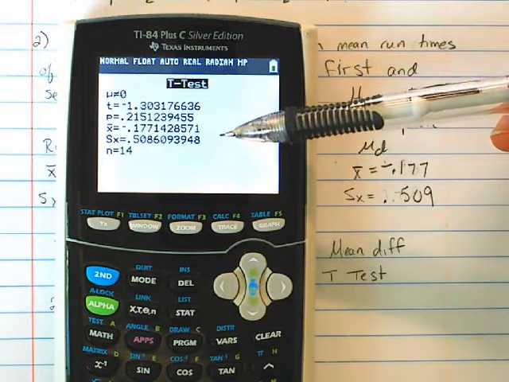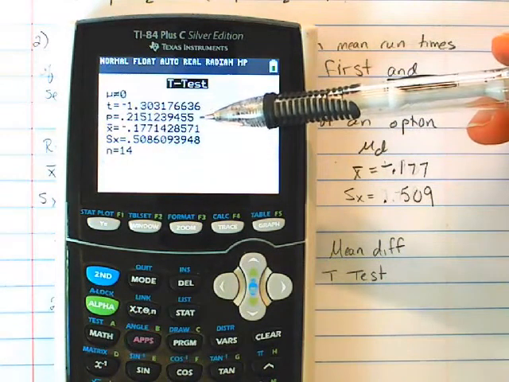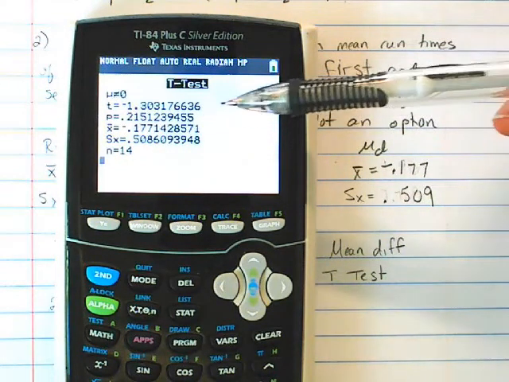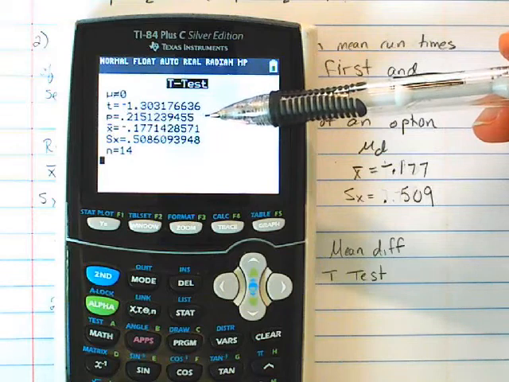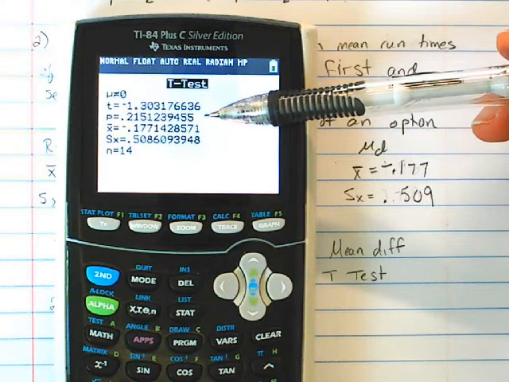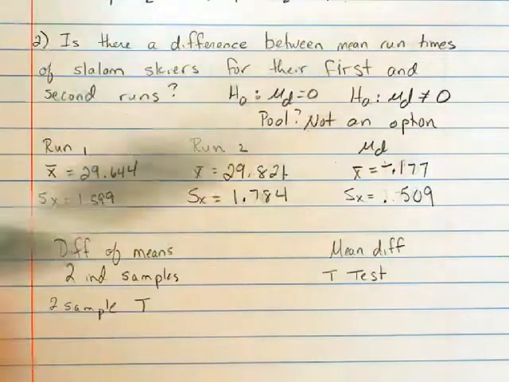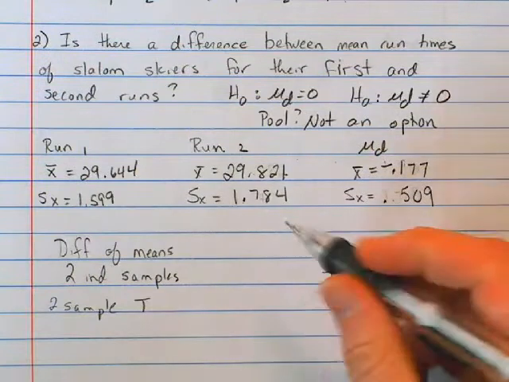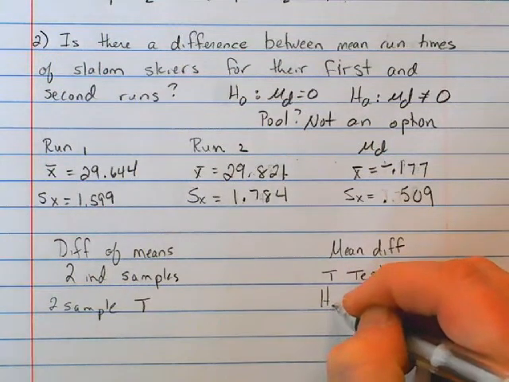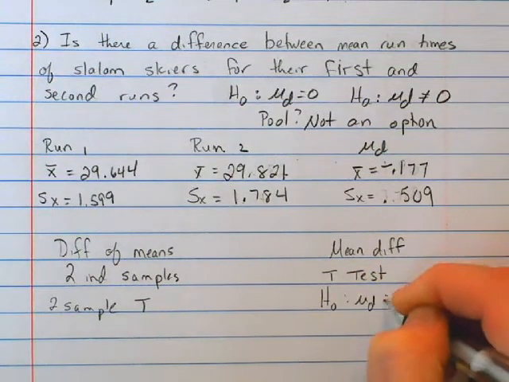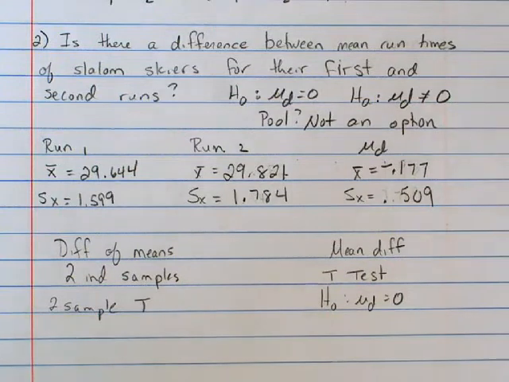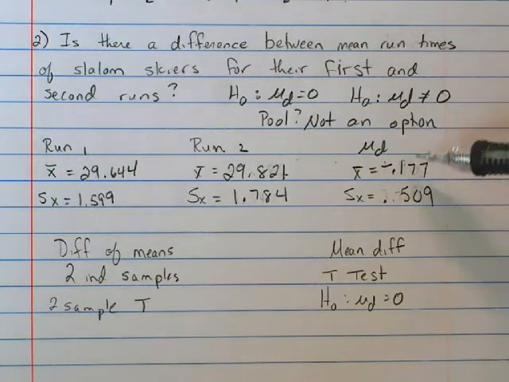Then, of course, we're going to come up with the question of how do I interpret this? Well, check out my p-value. It's 0.215. So with a p-value so large, I fail to reject the null hypothesis. My null hypothesis is that the mean difference is 0. So since I'm failing to reject my null hypothesis, I have evidence that there's not a difference in speed between the first and the second run.